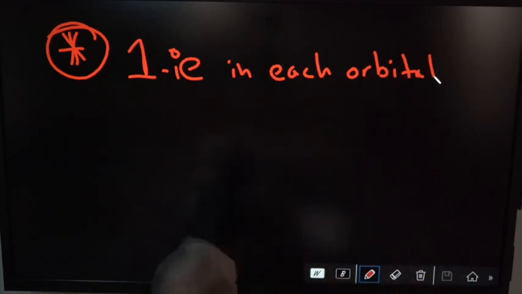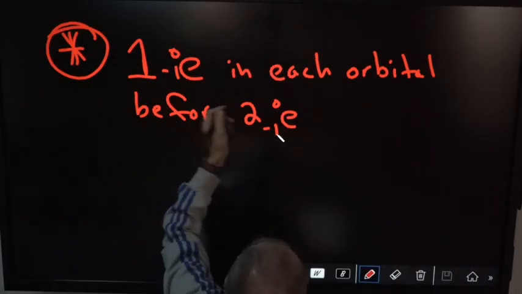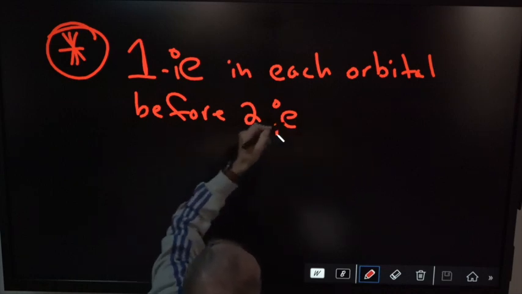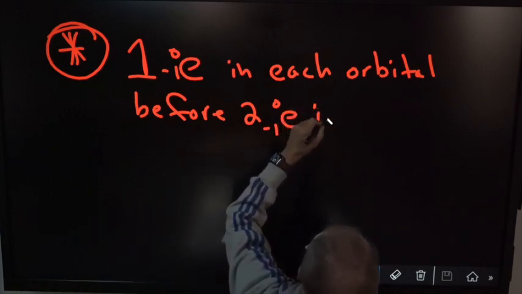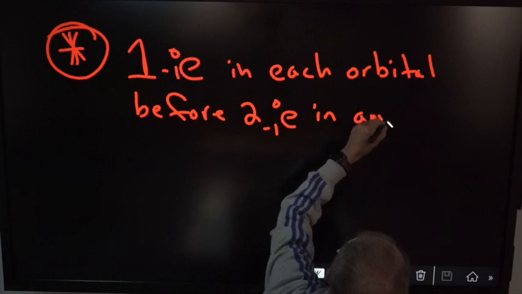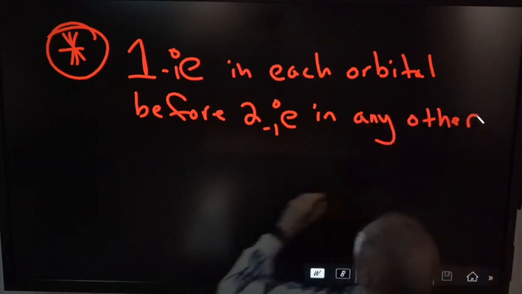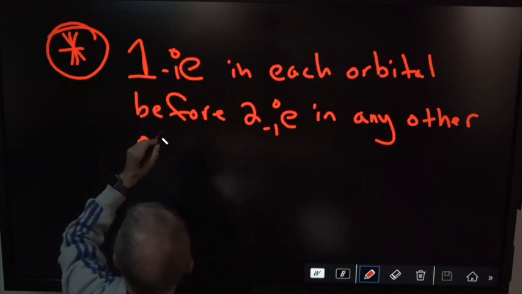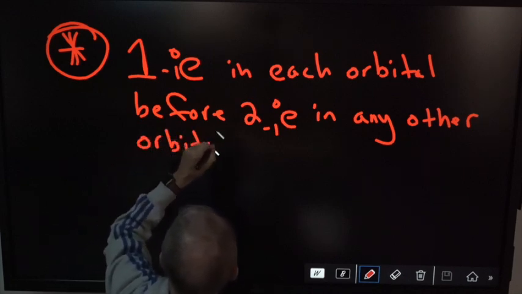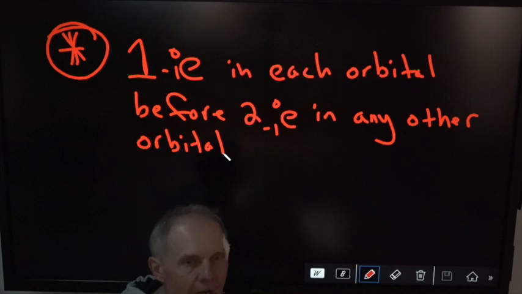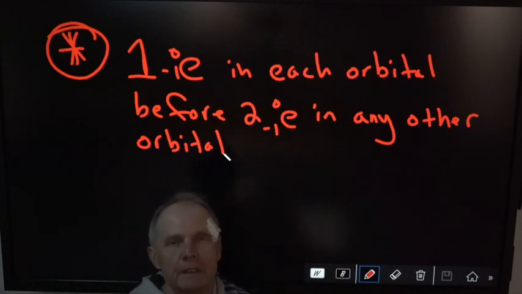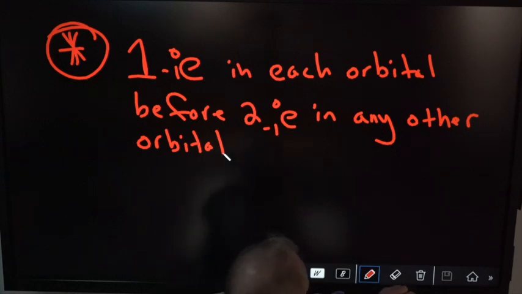One electron in each orbital before two electrons in any other orbital. So what that means, really boiled down, is one in each before two in any. And you'll see what that means in just a minute. Okay, now we get on to the good stuff.